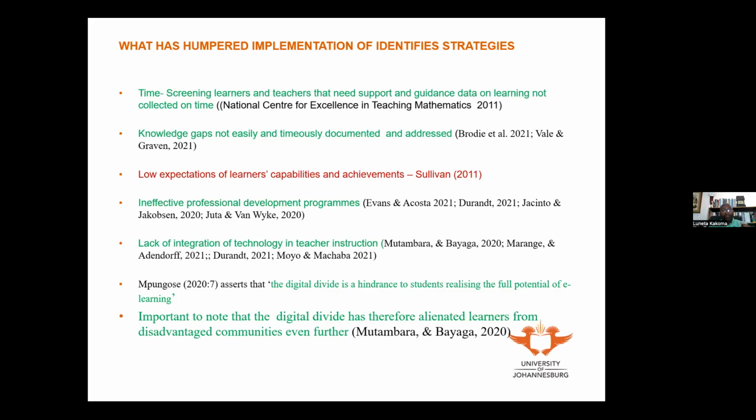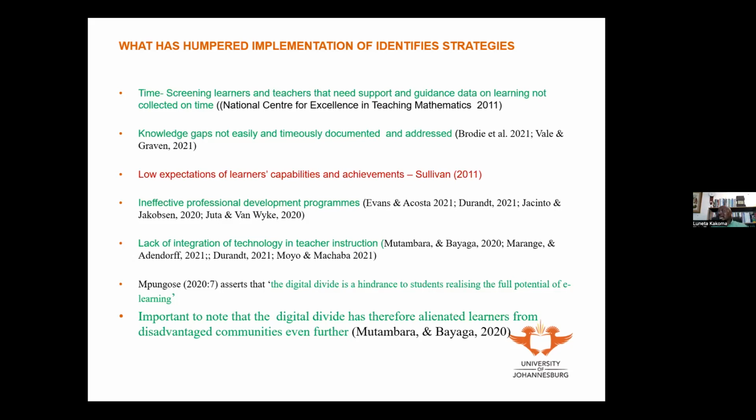And there is also a digital divide, which is being found to be a major hindrance especially to learning and to e-learning. It is important to note that this digital divide has alienated learners from disadvantaged communities.